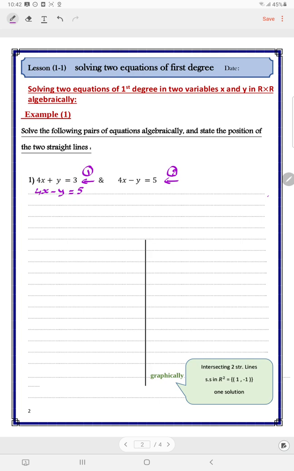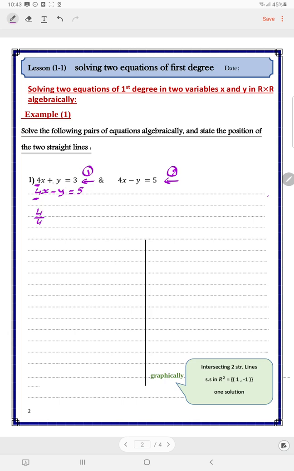Then I will find the ratio between the coefficient of x in the first over the coefficient of x in the second equation, so I will write 4 over 4.